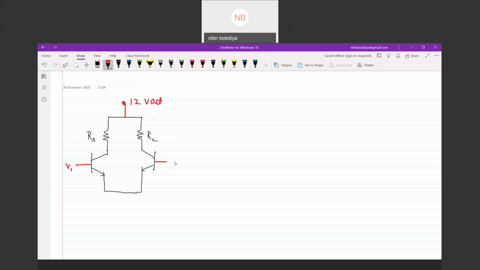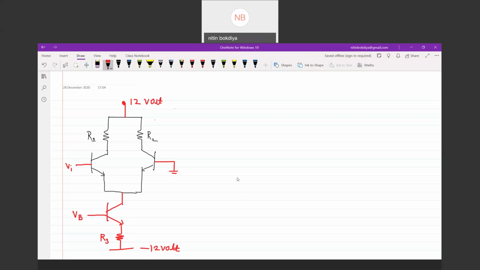This is connected to ground. Then this is minus 12 volt. This resistance is R3. This is VB. This circuit is given.